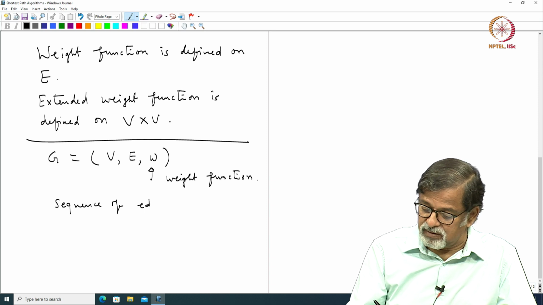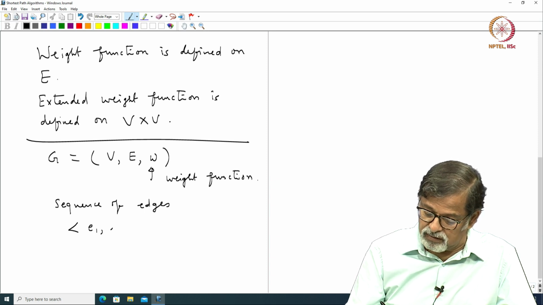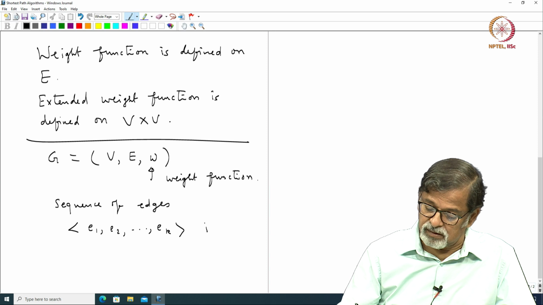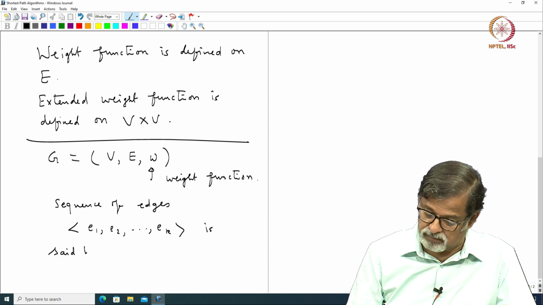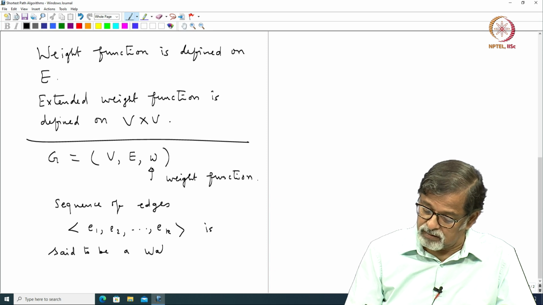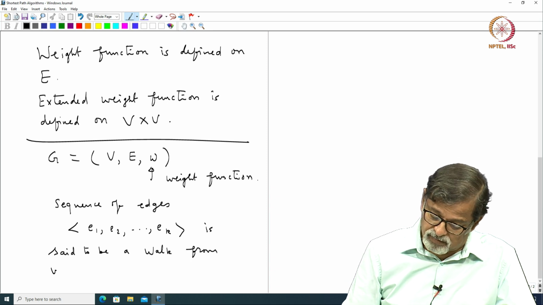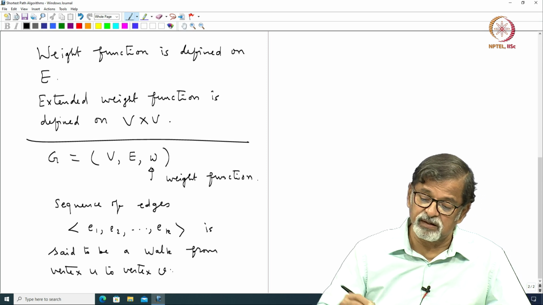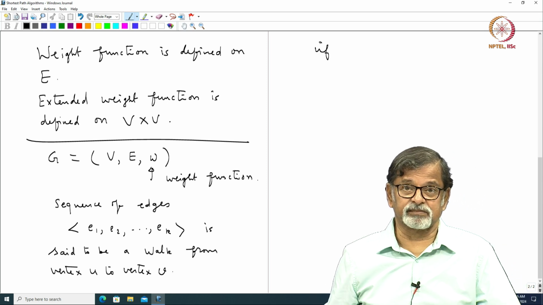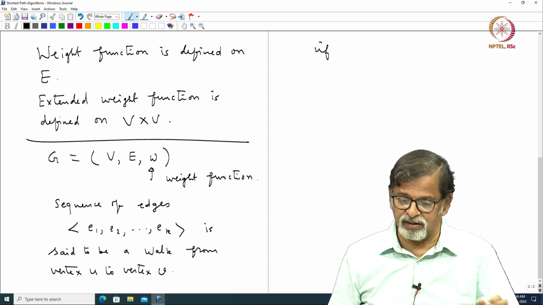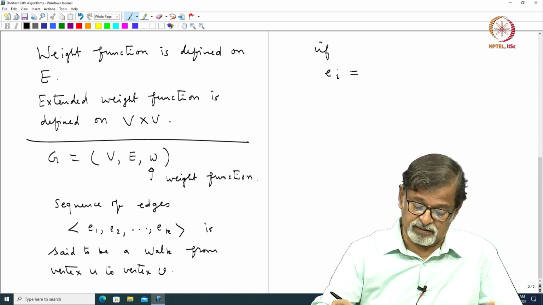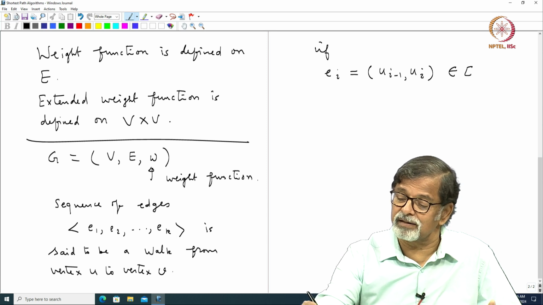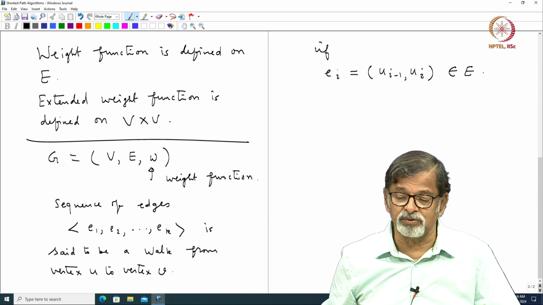A sequence of edges E1, E2, up to Ek is said to be a walk from vertex U to vertex V if each edge Ei is of the form (Ui minus 1, Ui).